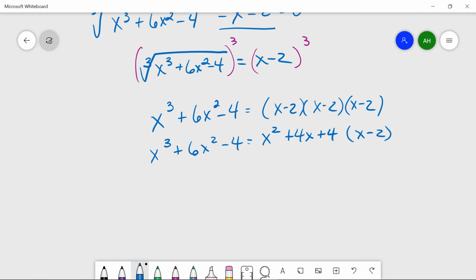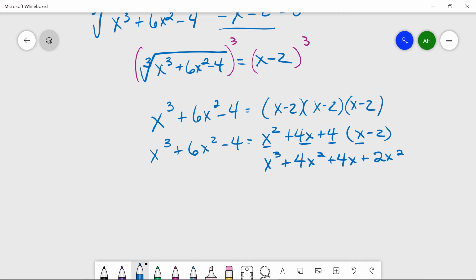Now as I FOIL that in, I'll have x cubed plus 4x squared plus 4x. Right there, I've taken each of these terms up here and multiplied them by x. Now I'm going to go through and multiply each of them by 2. So I'll get 2x squared.